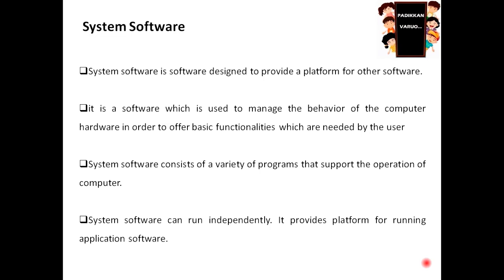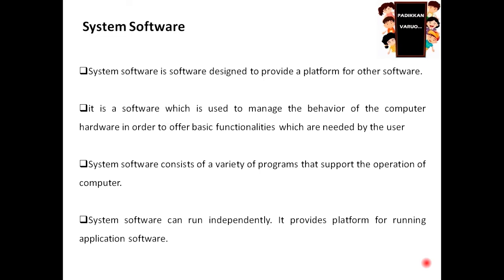System softwares consist of a variety of programs that support various operations in a computer. It will help us to switch on the computer, switch off the computer, manage the various memory related tasks, coordinate the activities taking place in a computer, and coordinate the working of various input output elements connected to the computer.